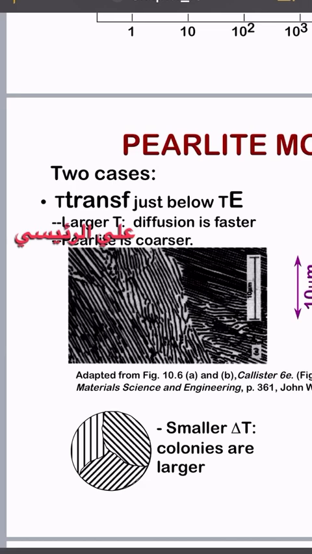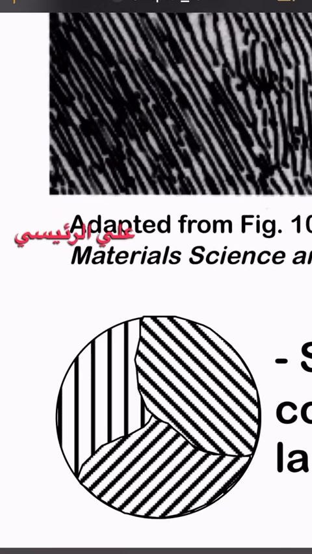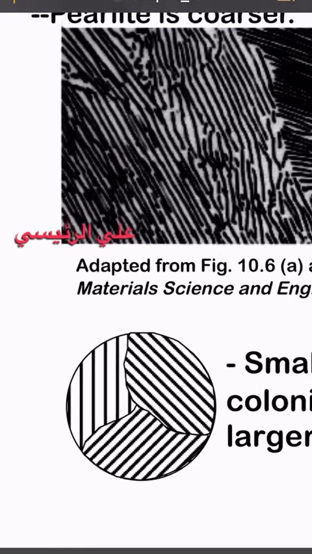In the first circle we have thick ferrite, because all the carbon moves out to the sheets of cementite. You can see here they transform into carbon sheets.